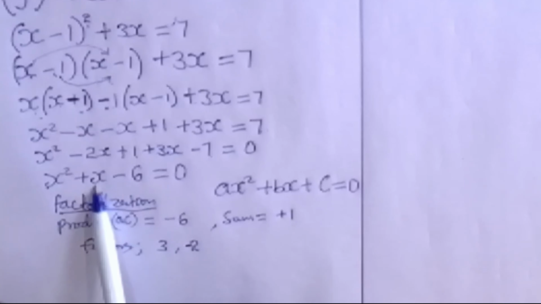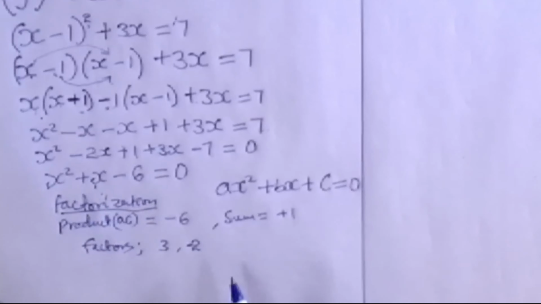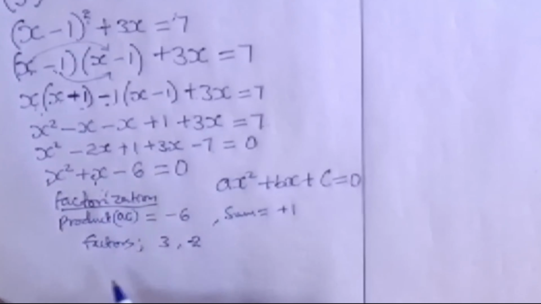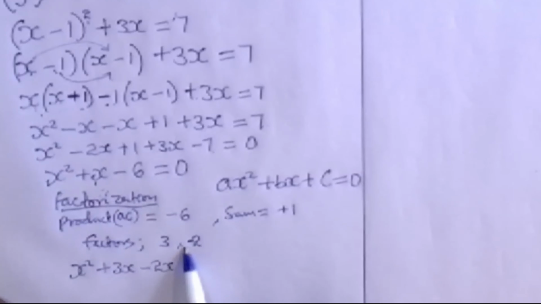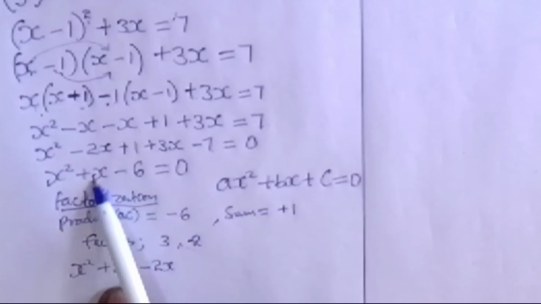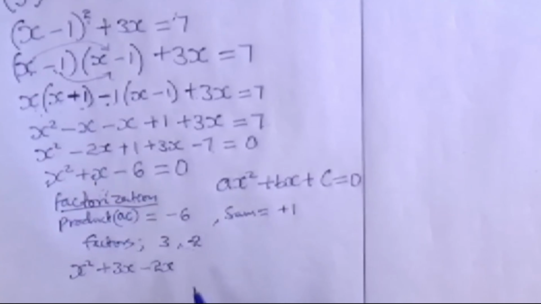The middle part we write in expanded form: x squared plus 3x minus 2x minus 6 equal to 0. We have not changed the equation, just expanded the middle part.